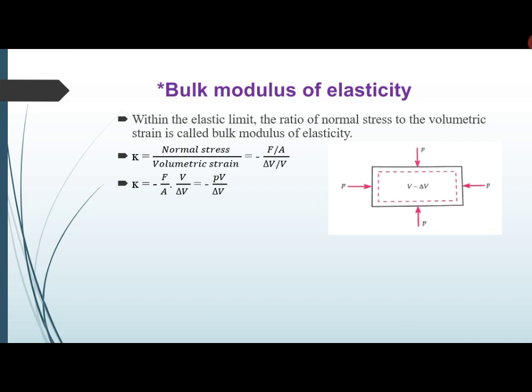Now rearranging the terms, we get that this kappa, the bulk modulus of elasticity, is minus P into original volume divided by the change in volume.